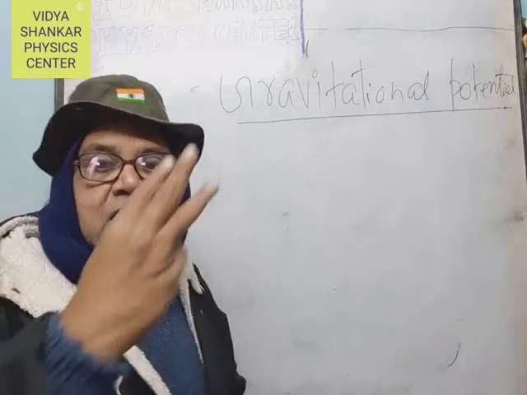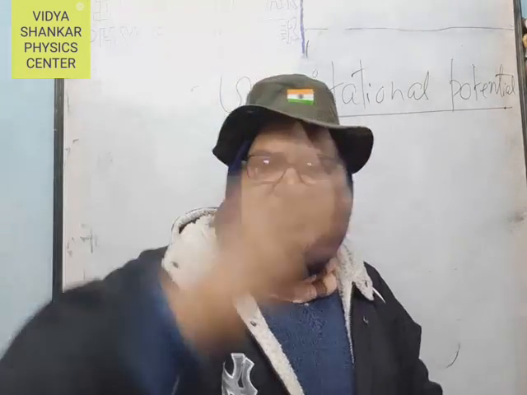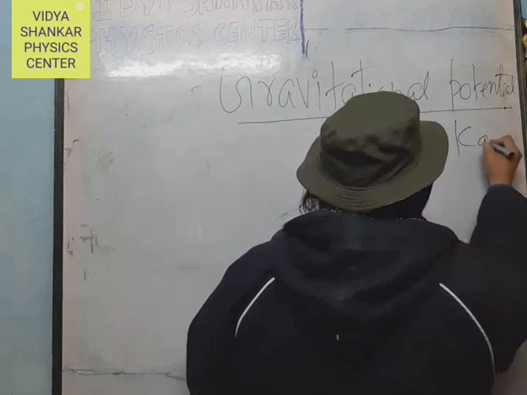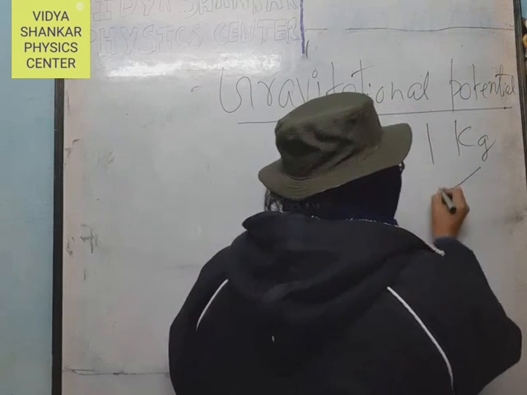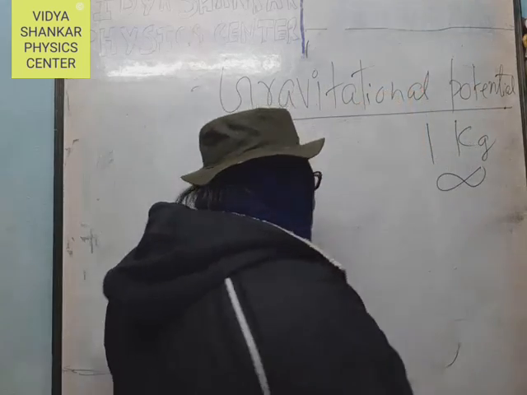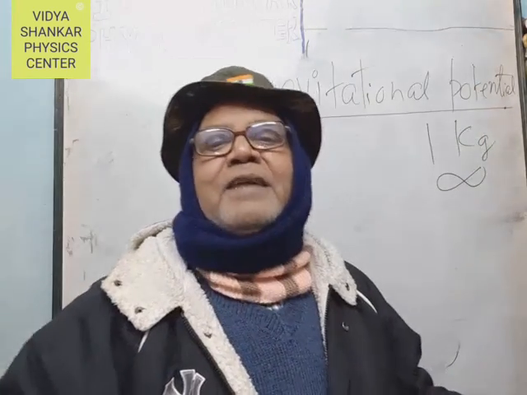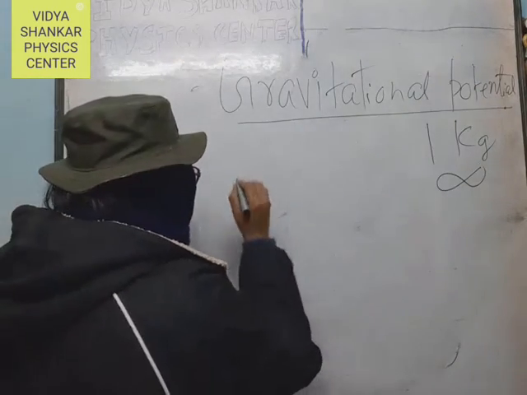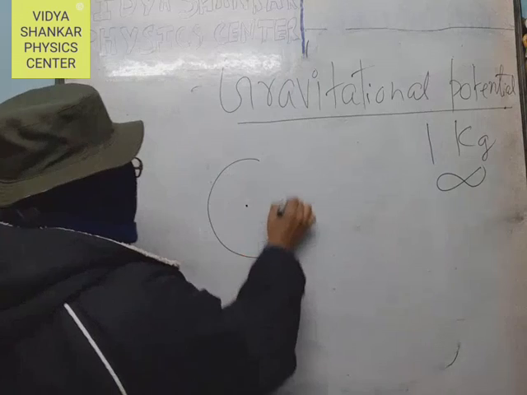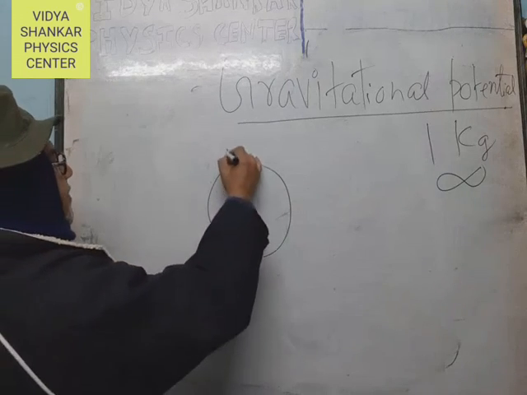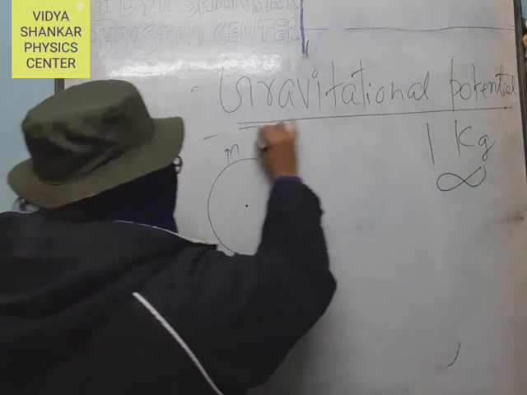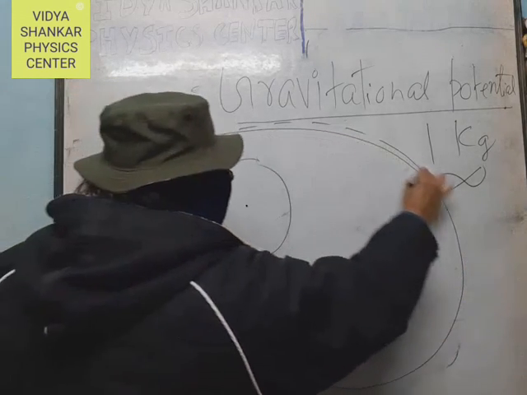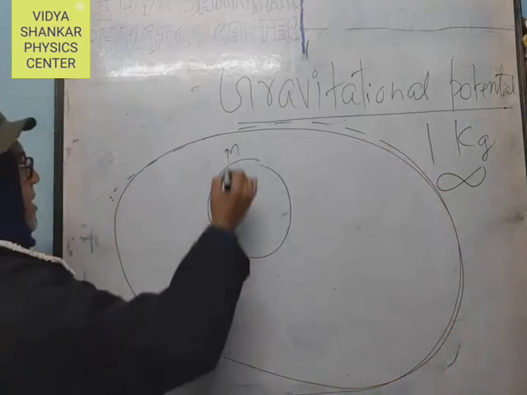There are three factors. First is mass is unit, means 1 kg. Second, from infinity. Third, inside the gravitational field. For example, here mass, the gravitational field of this body is the gravitational space. This space is the gravitational field of mass.